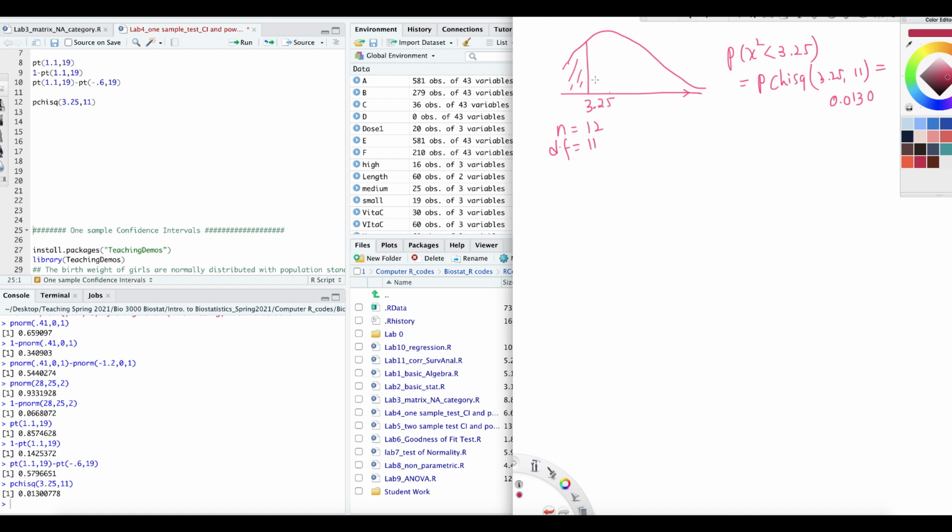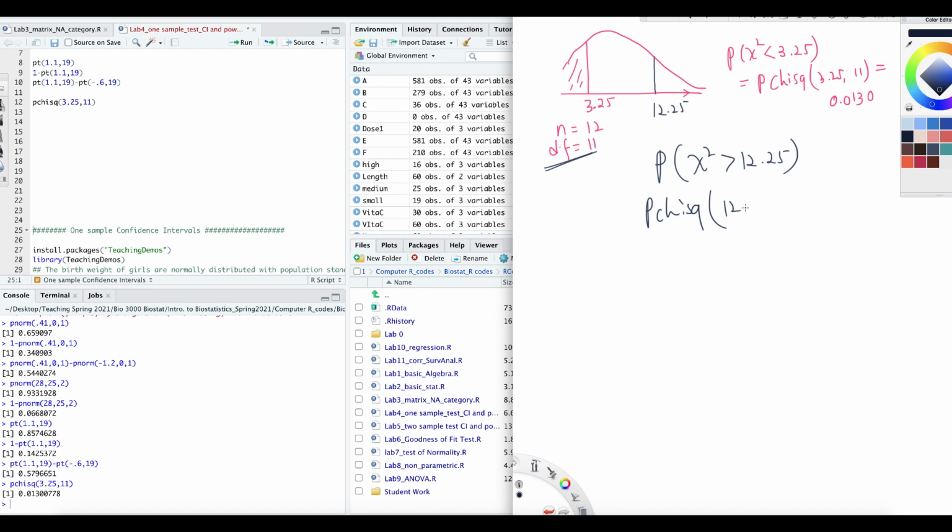Similarly, let's say you want the right area for 12.25, with the same 11 degrees of freedom. So how do you do that? The probability that chi-square is greater than 12.25. You should do, because p chi-square always finds the area left of whatever number you enter here.